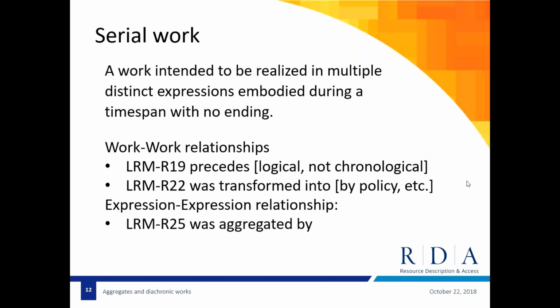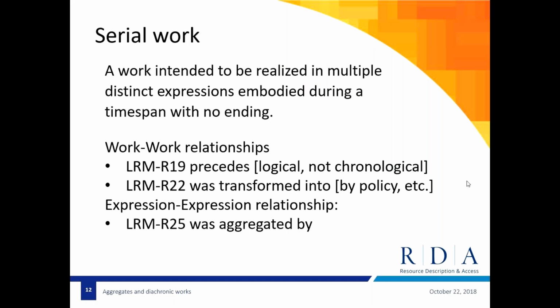All the serials librarians, how many times have you received a serial out of publication sequence because for some reason issue 3 was delayed and issue 4 is published before issue 3? We can still model the correct planned issue sequence using precedes. It's logical, not chronological.